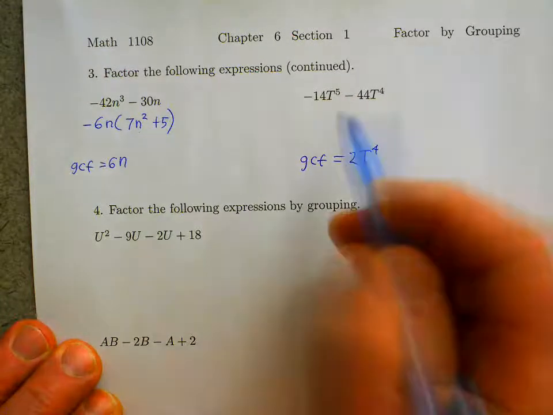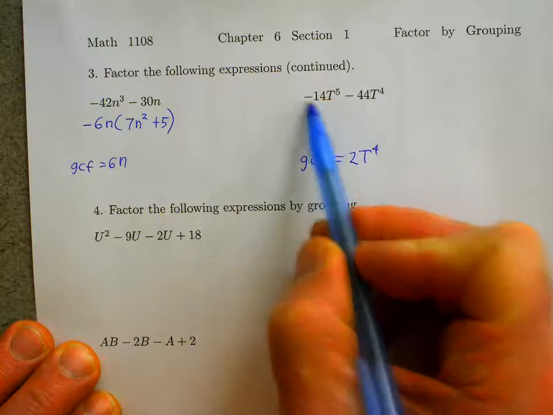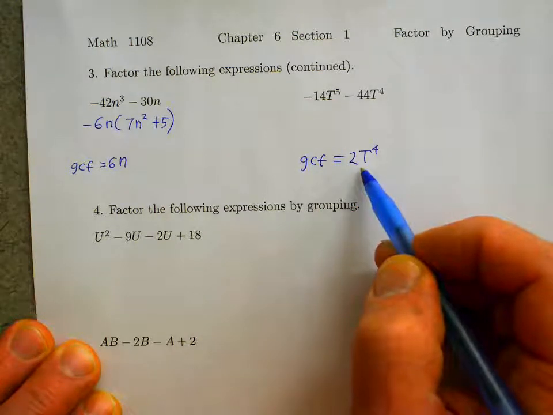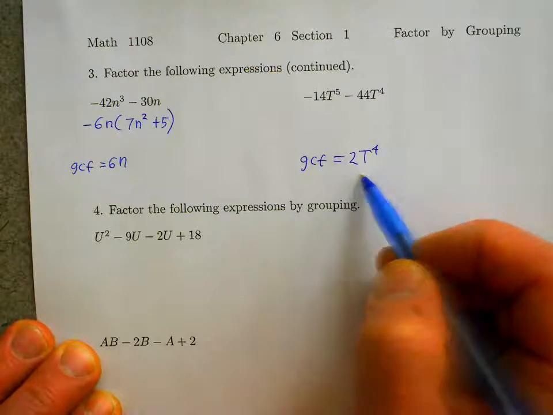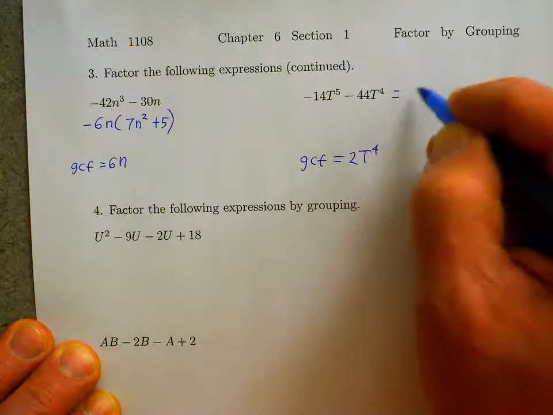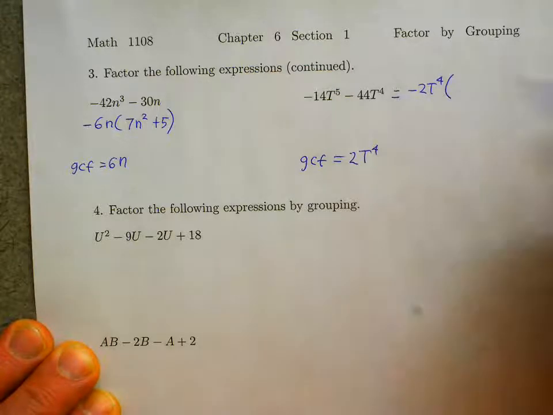So once again, since the leading term, the term on the left, has a negative coefficient, my preference is to factor out the negative of the greatest common factor. So negative 2 times t to the 4th multiplied by some quantity in the parentheses.